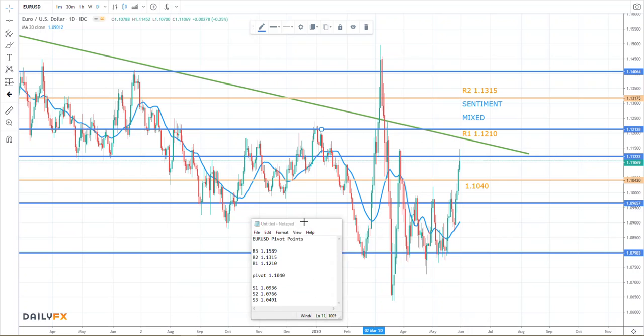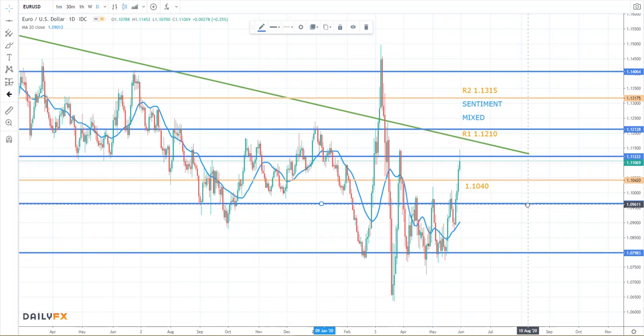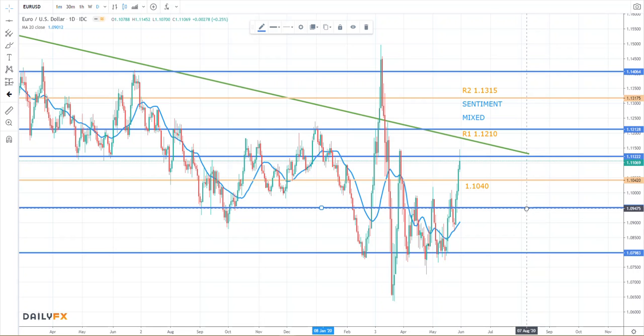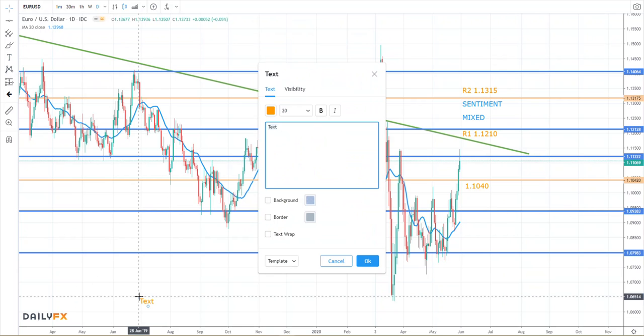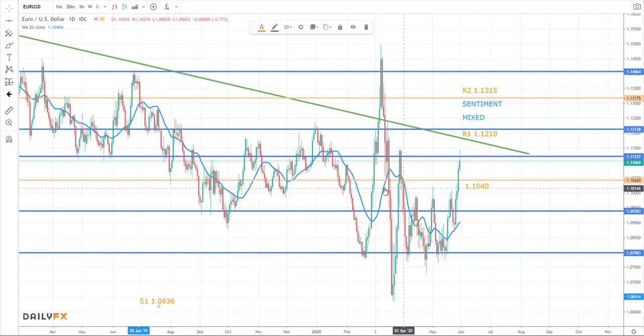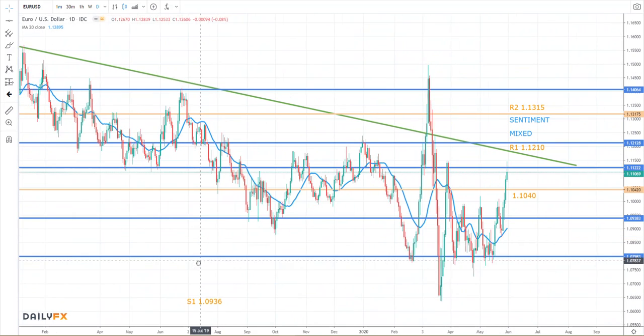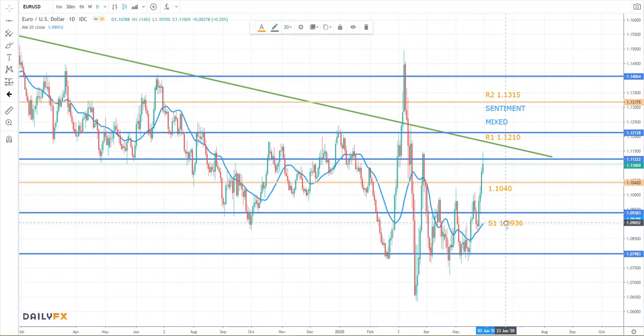S1, 1.0936. This one's pretty close, so we just tuck this one down a little bit here. 1.0936, that's our weekly support. Okay.